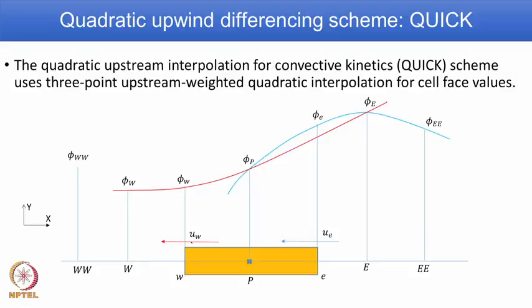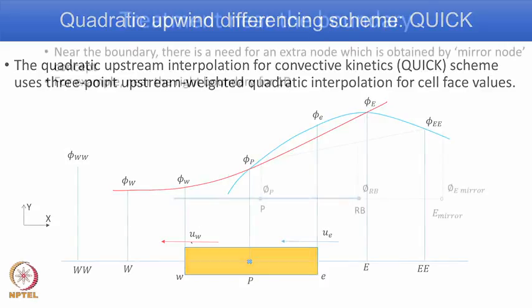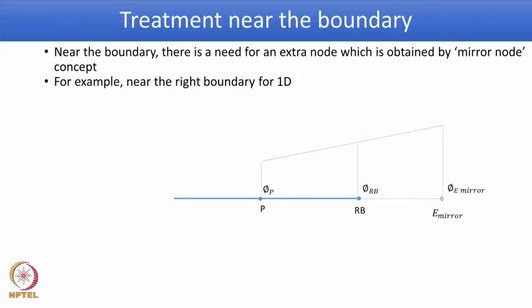Now, let us look at these details with some more information. We have to know how to do it in the case of near boundary. Near the boundary, you have a node which is marked here as P, then in this example, on the right side, the right boundary, there is a value given by the boundary condition, that is marked here as phi at RB.